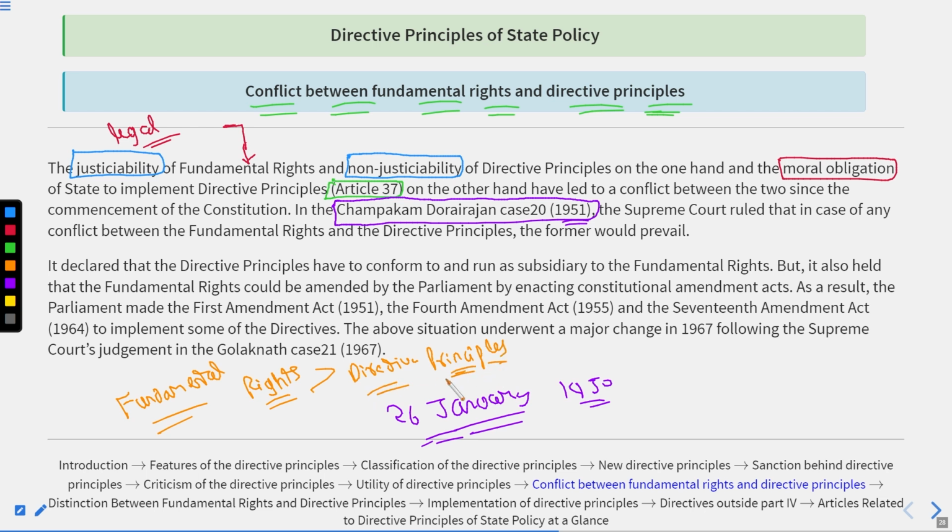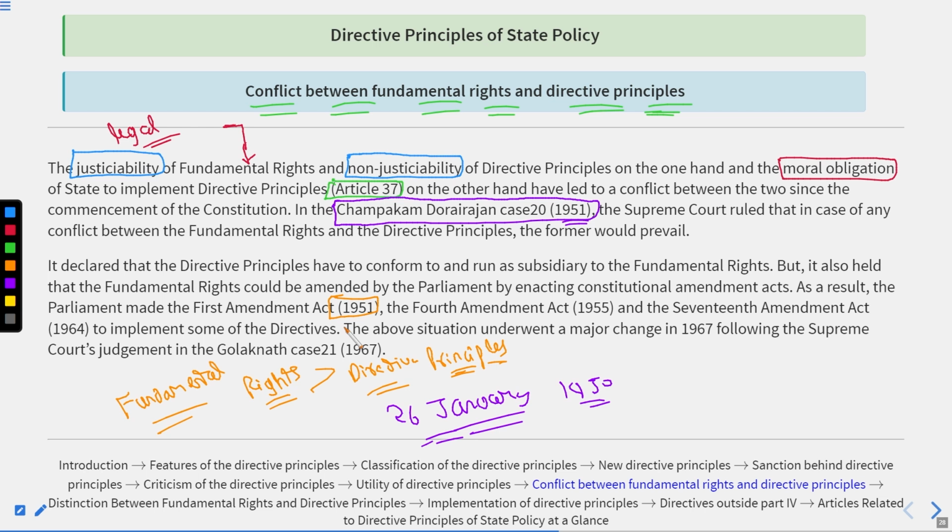But it also held that the fundamental rights could be amended by Parliament by enacting constitutional amendment acts. As a result, Parliament first made the amendment in 1951. This is another question: if in the examination you are asked which was the first amendment and in which year it was passed.